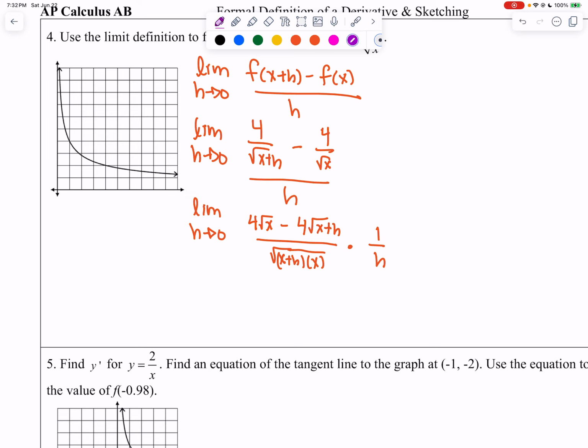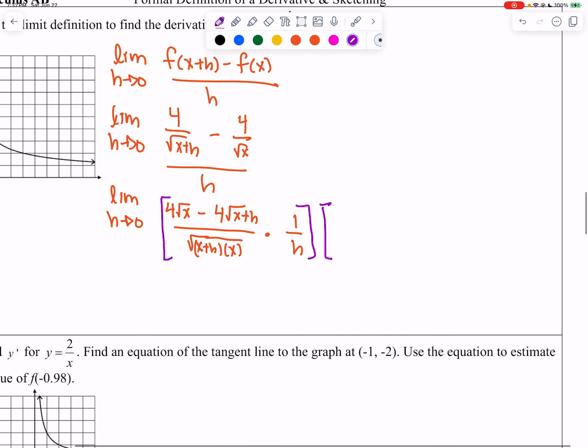All right, now we have radicals in the numerator, so we are going to multiply by the conjugate. I am going to be multiplying by the square root of x plus the square root of x plus h. We can really ignore the 4 because I can factor out the 4.